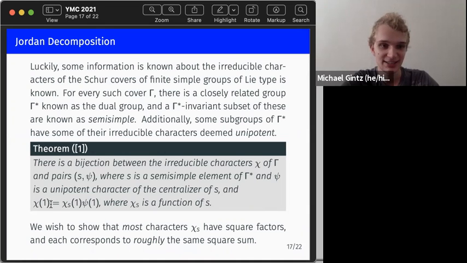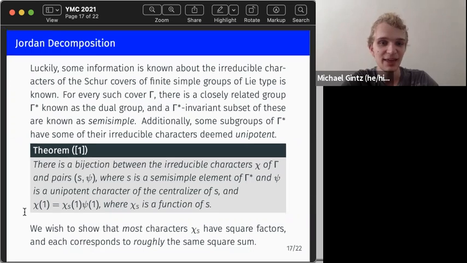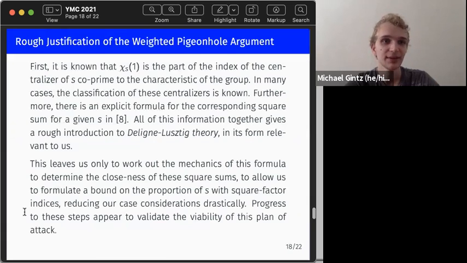And we also know that the dimension of this character is going to be the product of some function of s and the corresponding unipotent character. And when we say semi-simple element, we mean only up to conjugacy class. And we wish to show that most of these characters, chi_s, have square factors, and each conjugacy class s corresponds to roughly the same square sum.